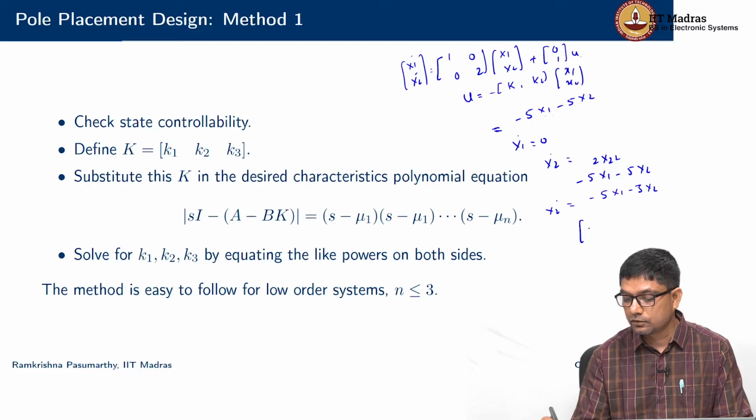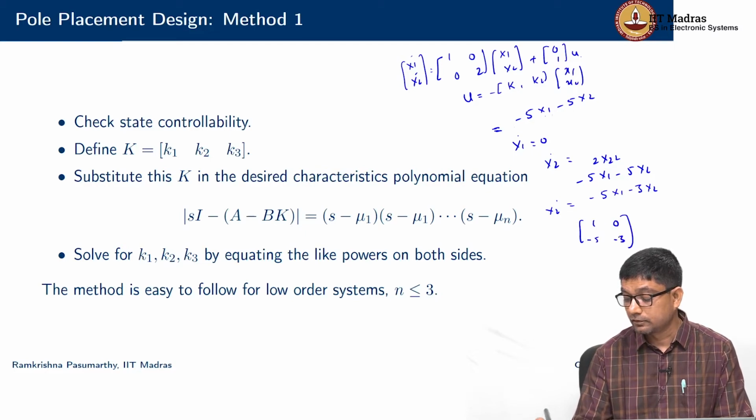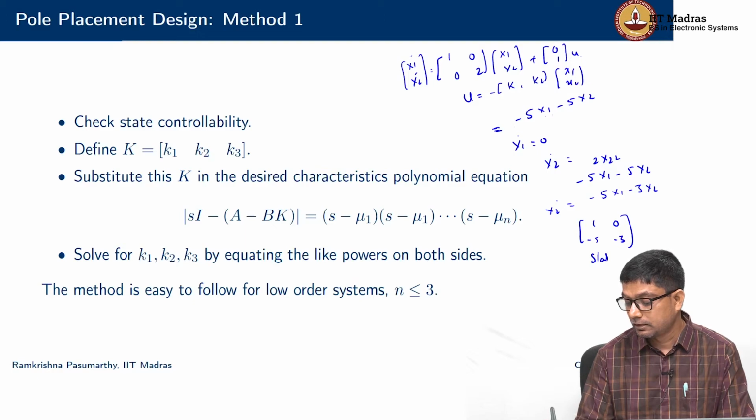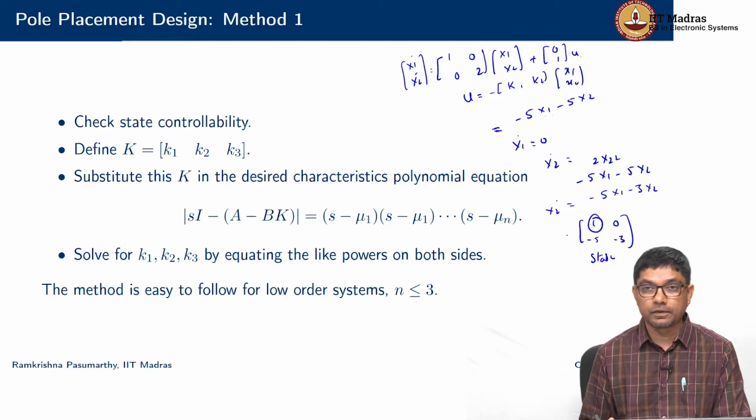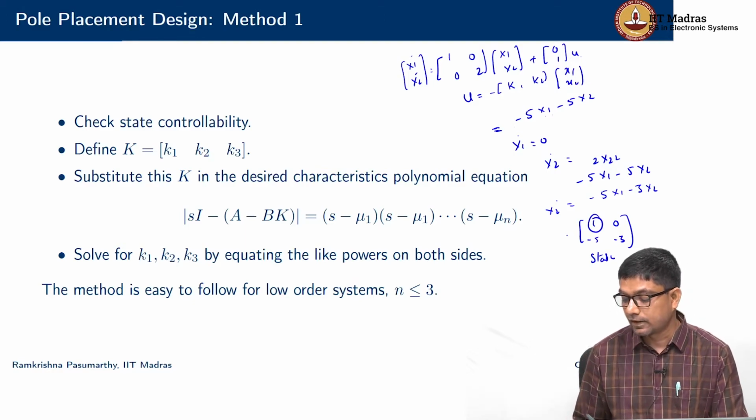So, I will have a closed loop system of the form [1 0; minus 5 minus 3]. Is it stable? No, because I still cannot do anything with this eigenvalue.